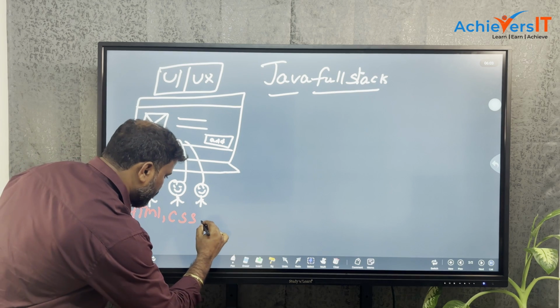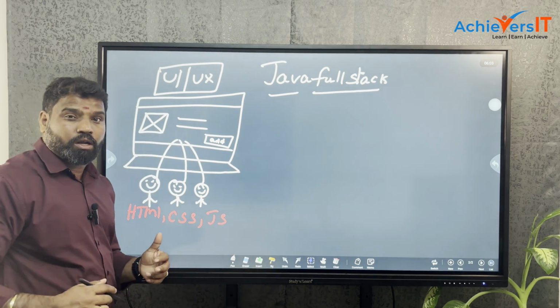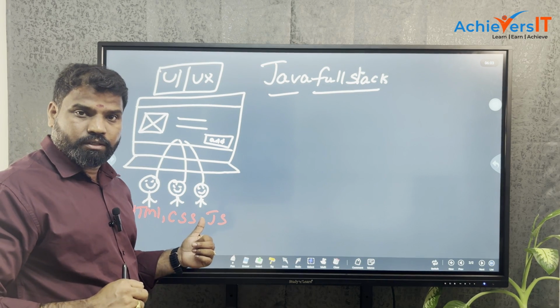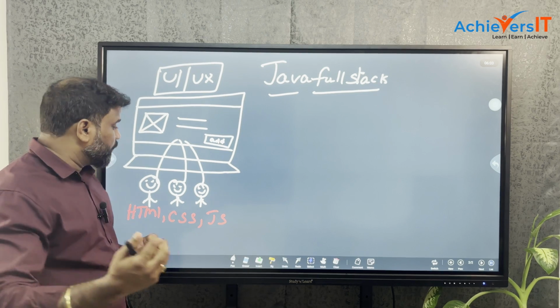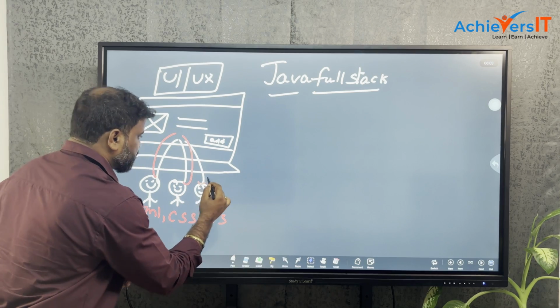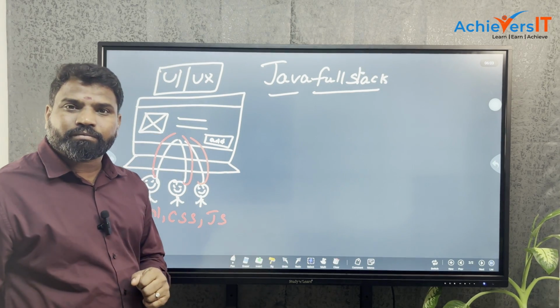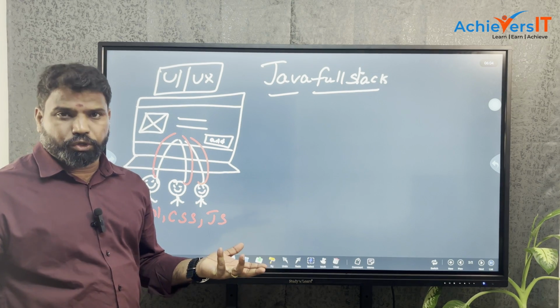Next, JavaScript. JavaScript is the king, which we can also call JS in short form. JS plays a very important role in enabling interaction between a user and an application. If there are no interactions, the application is of no use.